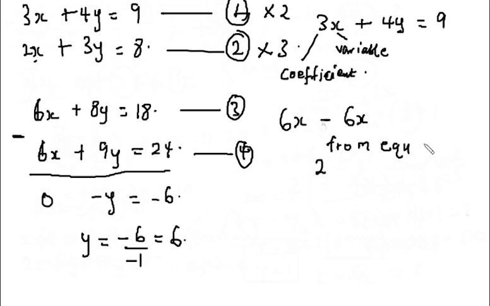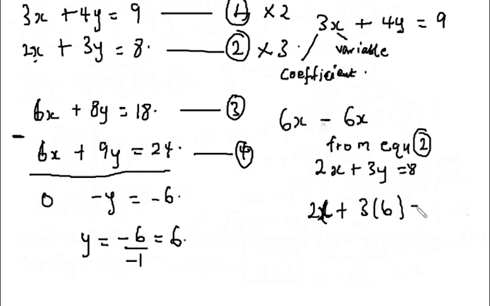So this is 2x plus 3y is equal to 8. From here, we have 2x plus 3 open bracket 6 close bracket is equal to 8. So 2x plus 18 is equal to 8.